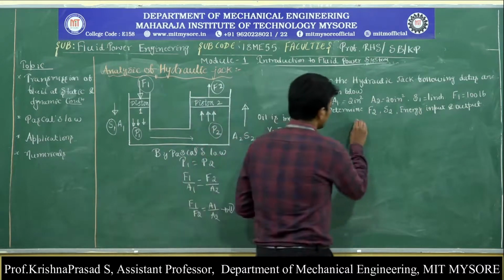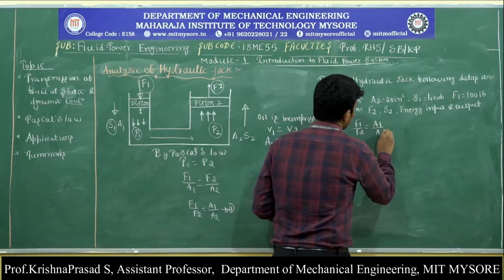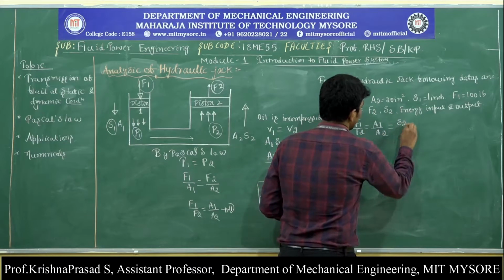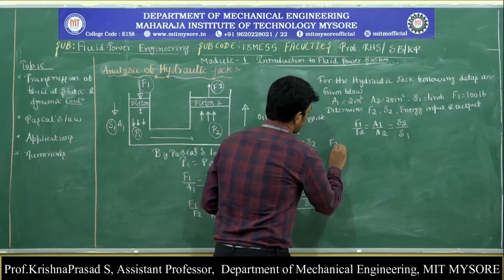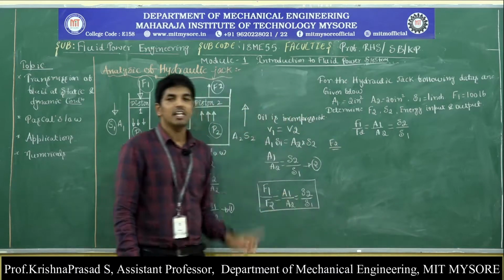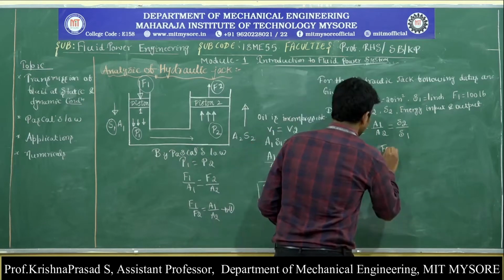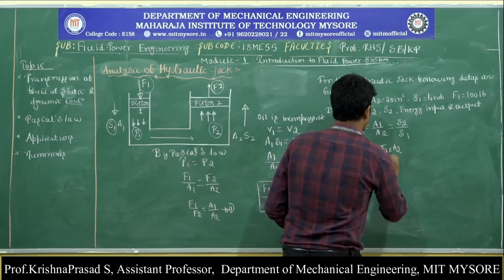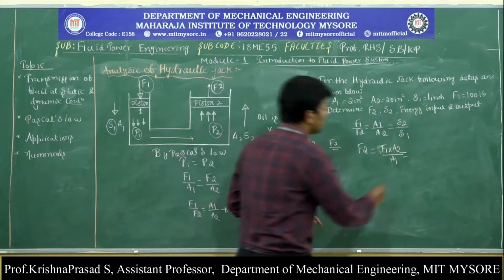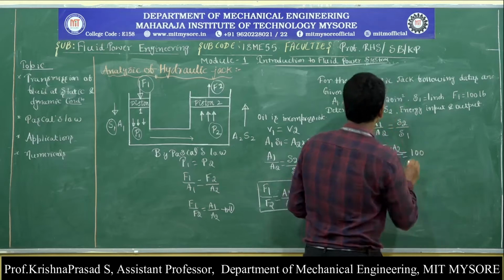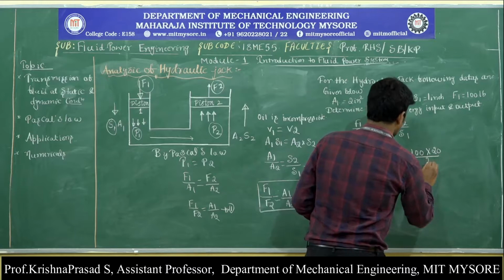We know the equation F1 by F2 is equal to A1 by A2 is equal to S2 by S1. First I need to determine F2. To determine F2, I will take F1 into A2 divided by A1. F1 is 100 pounds, A2 is 20, and A1 is 2.